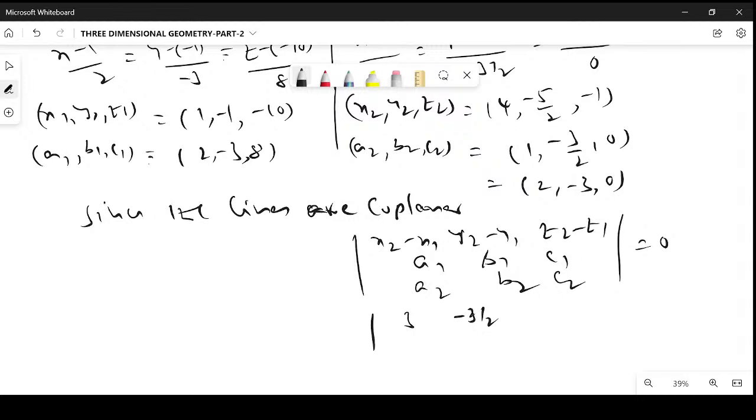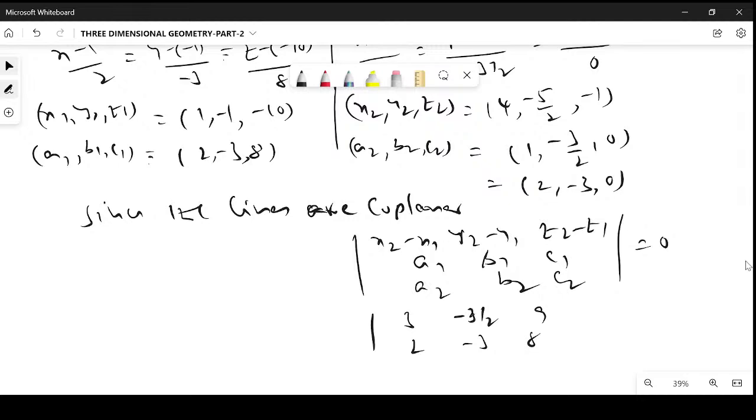And z2 minus z1 is minus 1 plus 10, which gives 9. And this one, a1, b1, c1, is 2, minus 3, 8. We can consider that value.